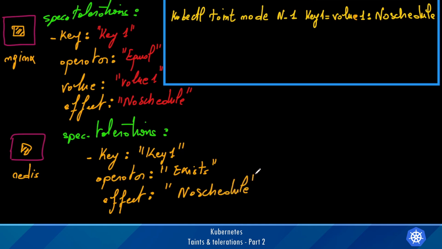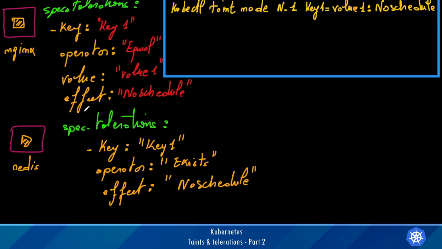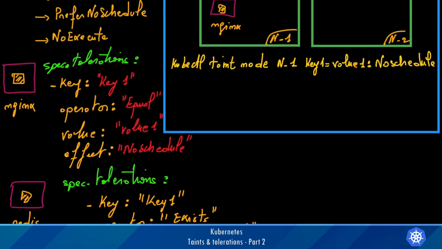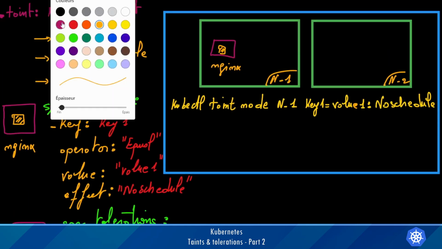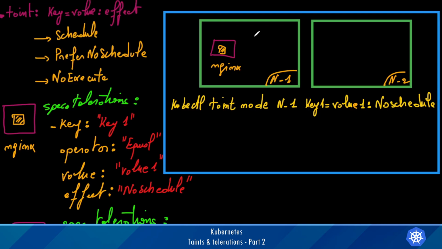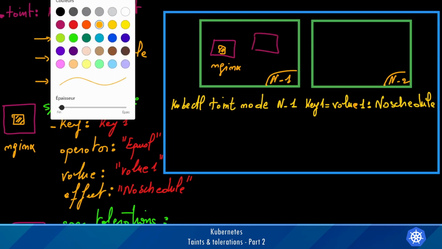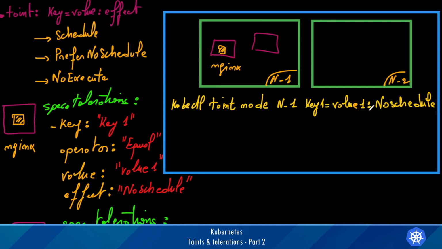So now this pod tolerates the taint set for the first worker node, so now the Redis pod can be accepted by the first worker node.